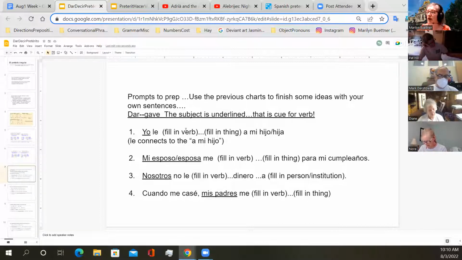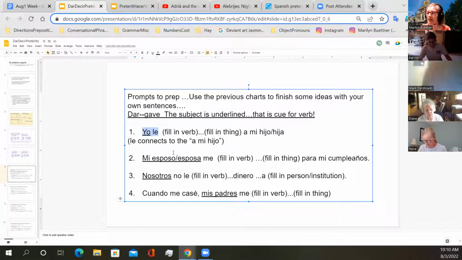And the subject is underlined. So when you have a combination like this of yo le, remember, you're not conjugating for le. You're conjugating for yo, okay? The reason I said that the subject is underlined is that you've got to look at the underlined word to say, I picked the conjugation for that human being, okay?